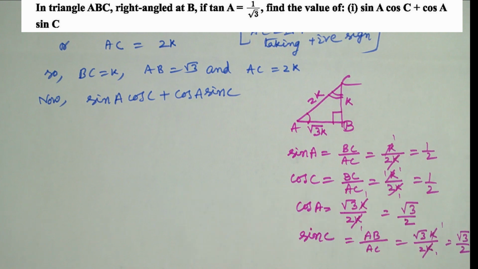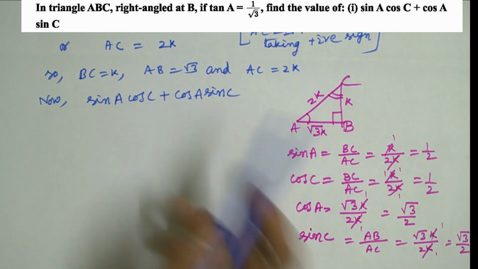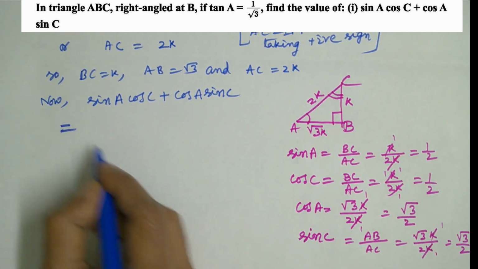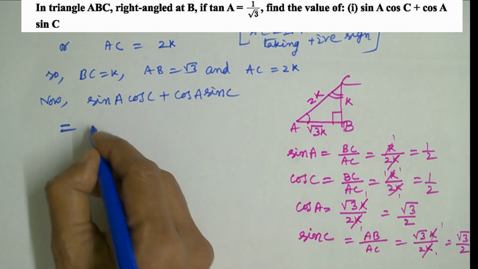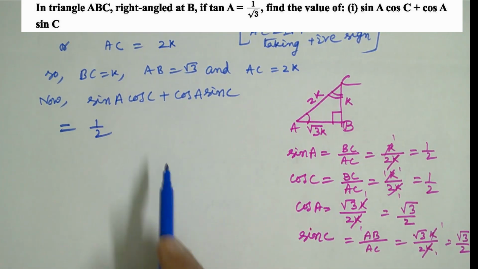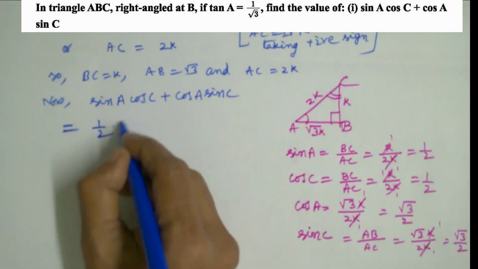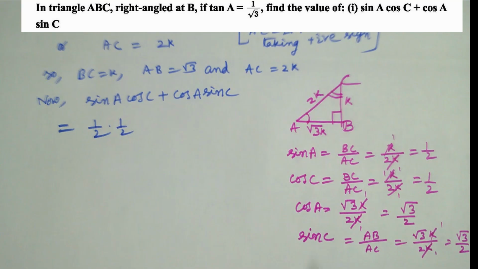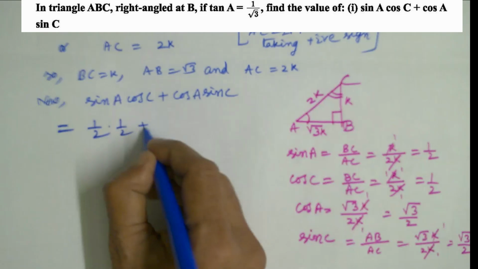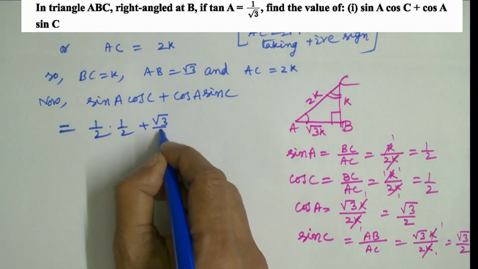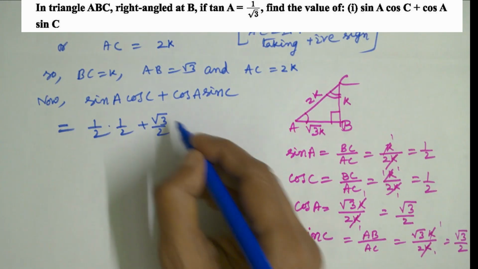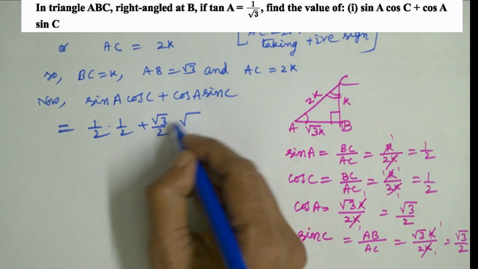Now putting in the individual values. Sin A is equal to 1 by 2, cos C is equal to 1 by 2, plus cos A is equal to root 3 by 2, sin C is equal to root 3 by 2.